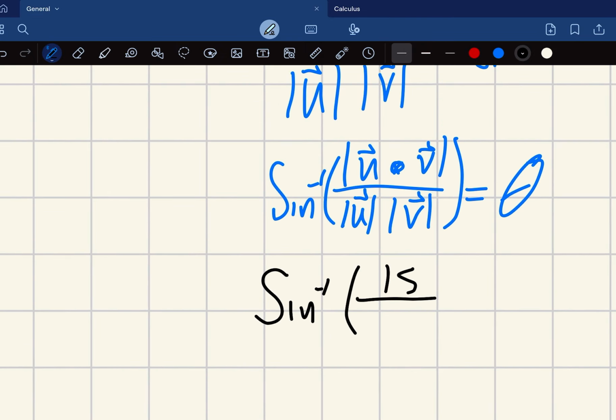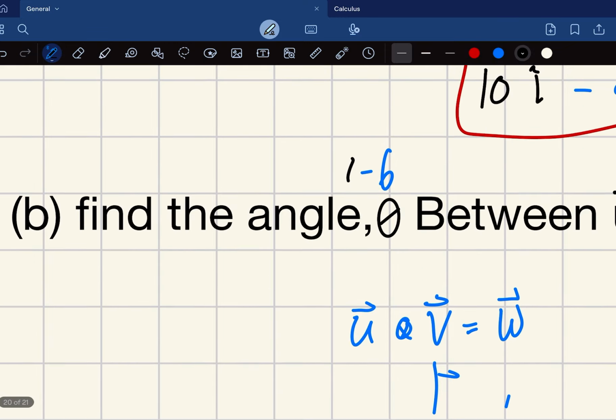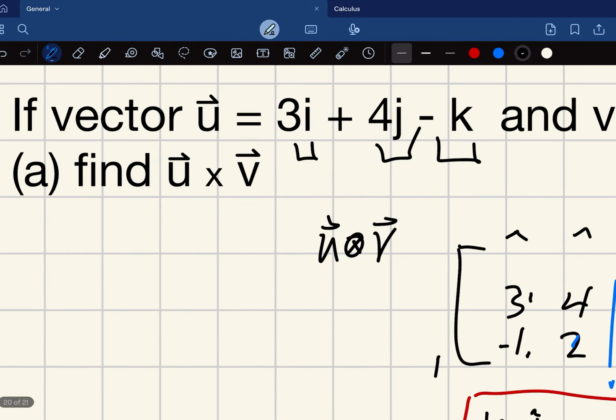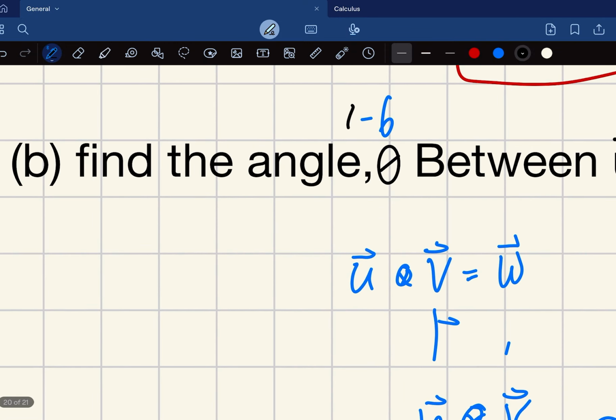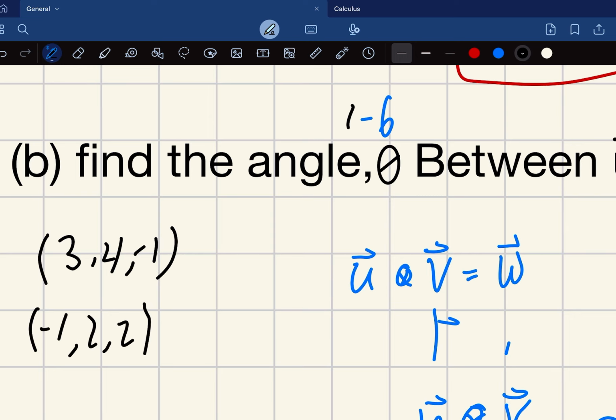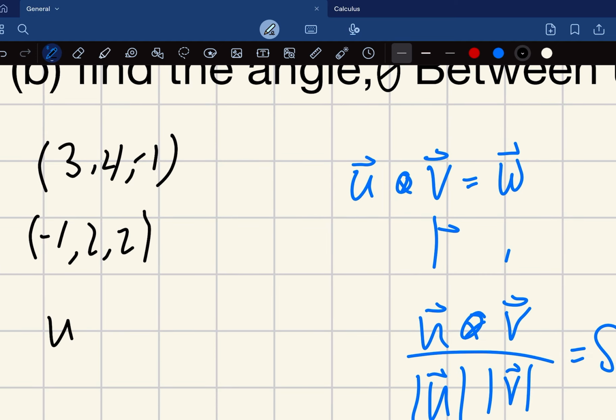Now, let's look for the magnitude of vector u and the magnitude of vector v. So u is equal to 3, 4, negative 1. V is equal to negative 1, comma 2, comma 2. So the magnitude of vector u is equal to the square root of 9, which is 3 squared, plus 16, 4 squared, plus 1.